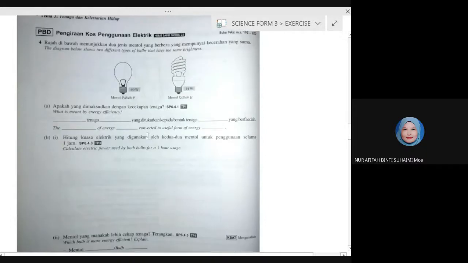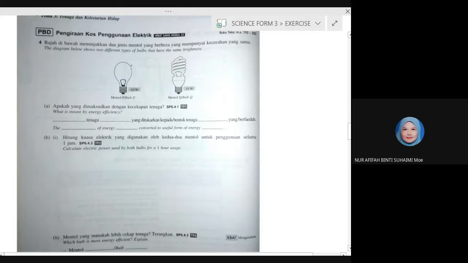Number 4. The diagram below shows 2 different types of bulbs that have the same brightness. Okay, this one is about efficiency. What is meant by energy efficiency? It has the same brightness but the power is different. This bulb has 60 watts.